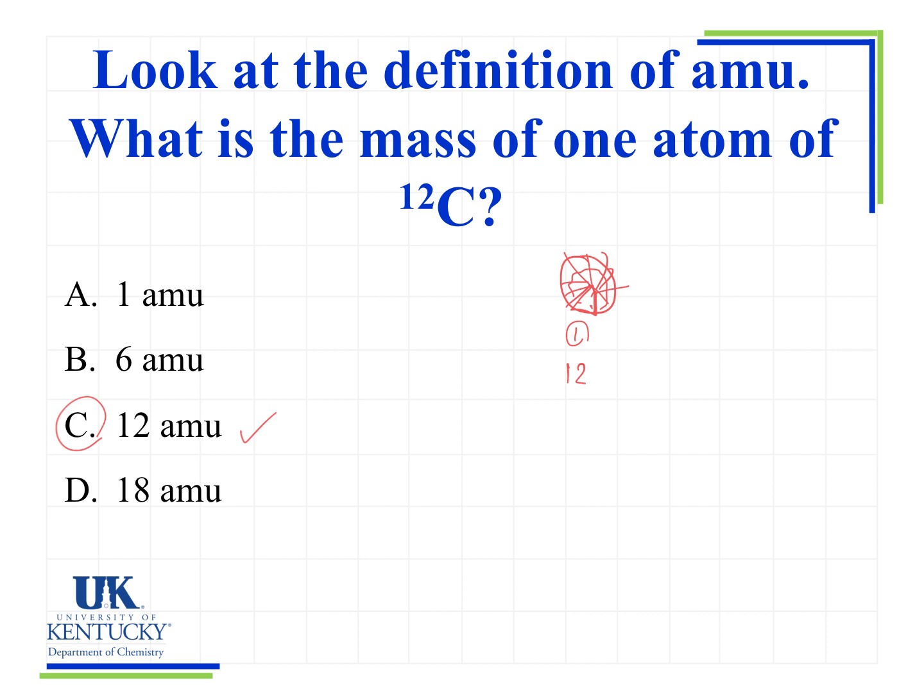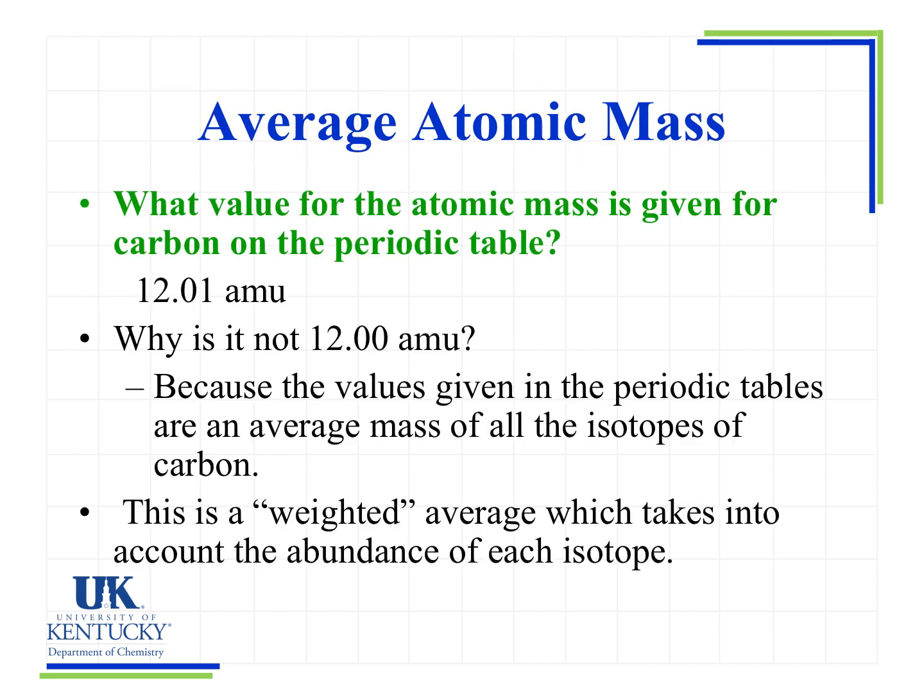And it should be exactly 12, right? Because that's the basis of defining the AMU. So 12 of this 1 AMU unit is 12.00, and I can put as many zeros as I want because it's an exact number. So the mass of carbon-12 is 12 AMU.